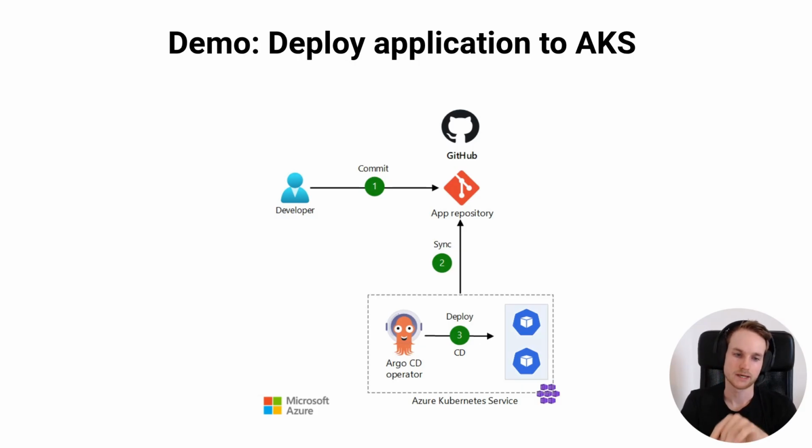So we connect the ArgoCD operator to the Git repository, and it checks for changes in the repository on a regular basis. And when it detects changes, then it deploys the corresponding resources, in our case, containers or containerized applications, to the Kubernetes cluster. Now, I'll switch over to screen sharing and let's see how this looks in action.